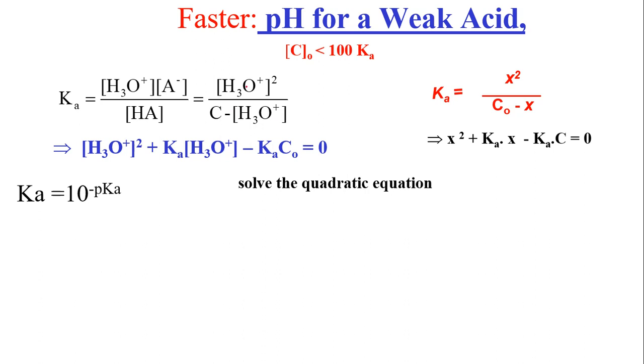Now, you multiply out with Ka times C, Ka times the H3O plus, and here's the H3O plus squared. Take everything to one side, and you get this. So this is what you see, and if you want to memorize, go ahead. I personally just go back to this and solve it.